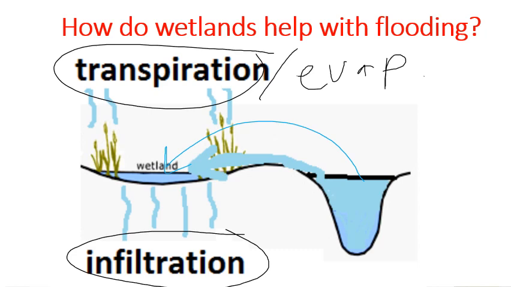They're very closely related, almost the same thing, where water is going up into the air, whether it's straight evaporation or plants in the wetlands drinking it up and then releasing it into the air. So this is a way to handle excess runoff and help prevent floods. We take that excess runoff that the river can't handle, put it in the wetland, and it'll either infiltrate or evaporate.